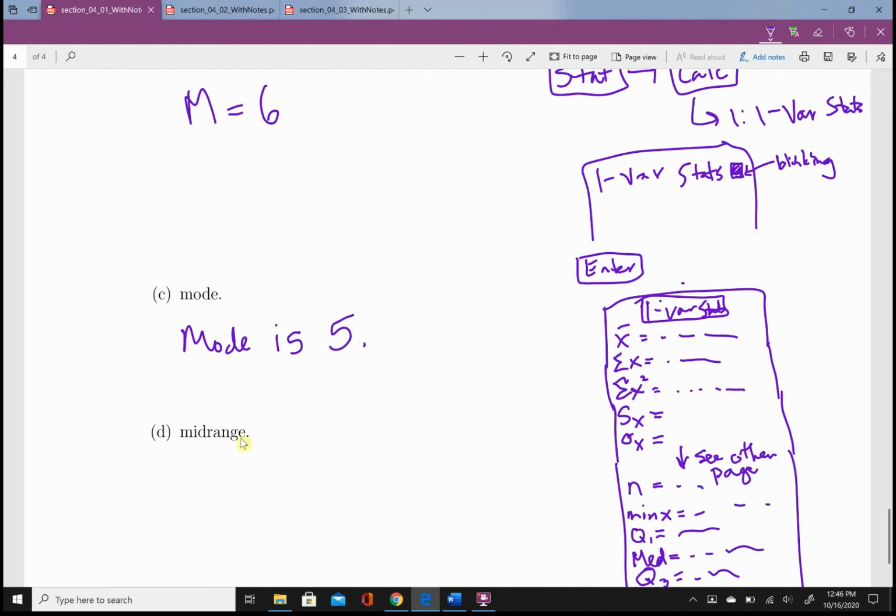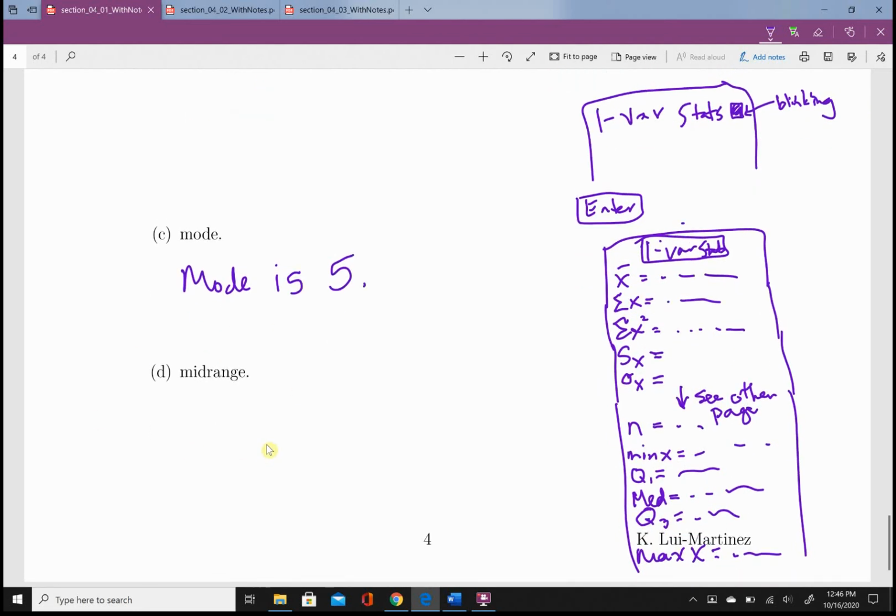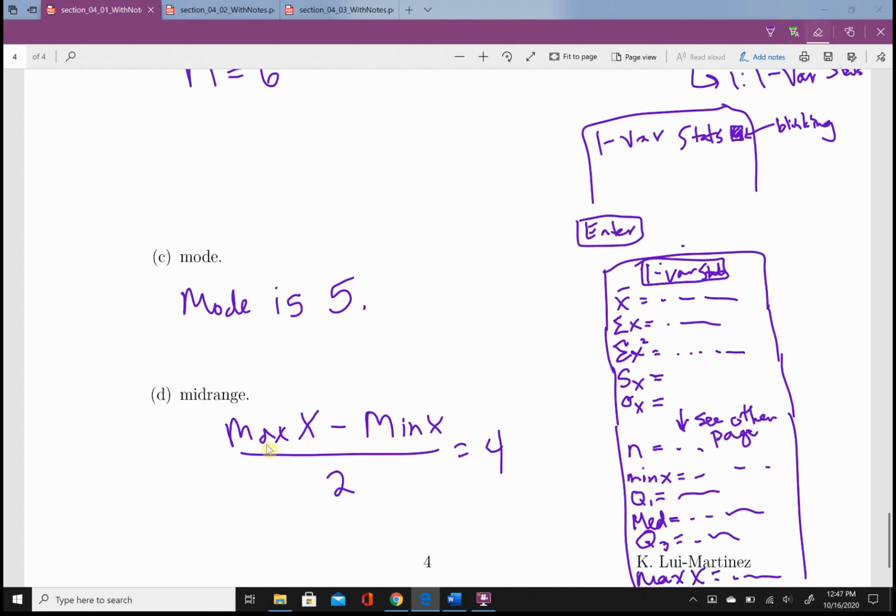And the mid-range. Now the mid-range is not something calculated here in one variable stats either, but the elements that you need to calculate the mid-range are there, because it'll be the max x plus the min x over 2, which is what for this one? Oh, excuse me, I want the max first. My bad.